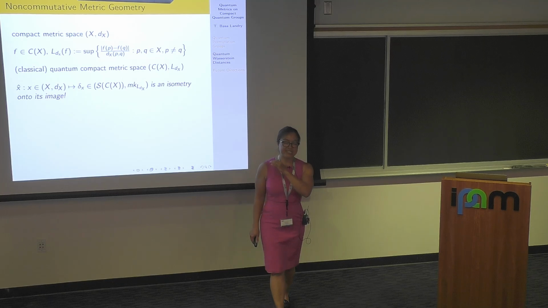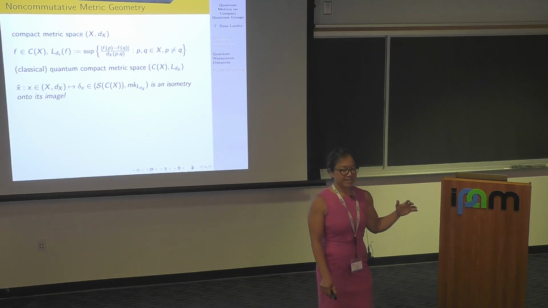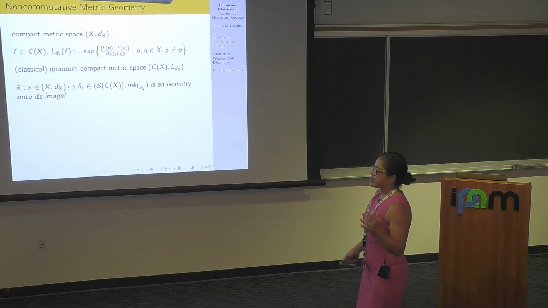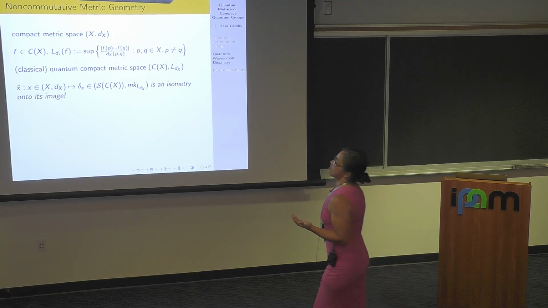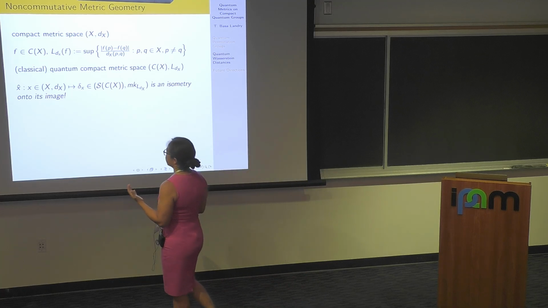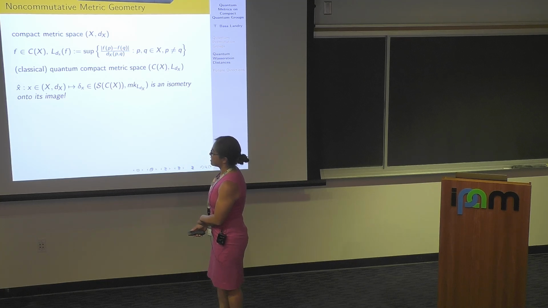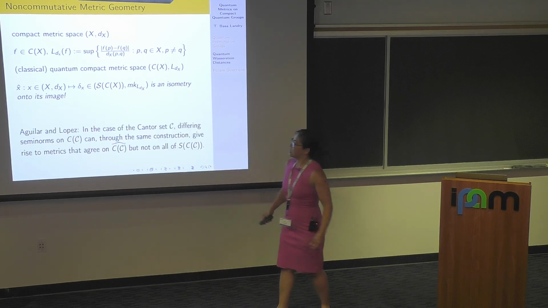And so therefore, the state space remembers the classical space. But of course, since it's a way bigger, enriched quantum lens, we have a larger space in which to study the original classical space.